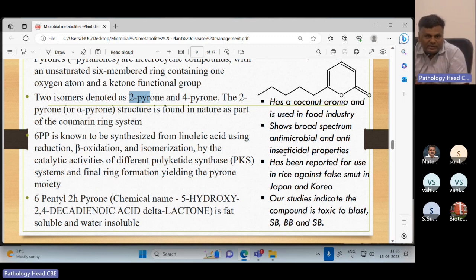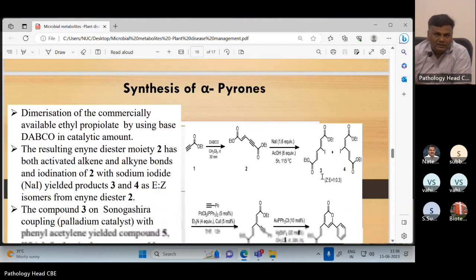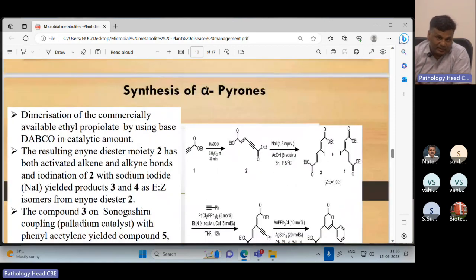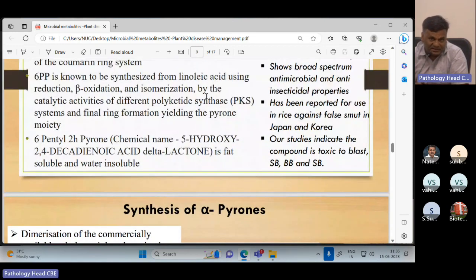Otherwise both isomers were very good, but their stability is a little different. So we chose the 2 alpha pyrone, which is quite stable and quite bioactive against many of the pathogens. So, what is the next step now? This is how I would generalize whenever somebody is planning to work on metabolites.